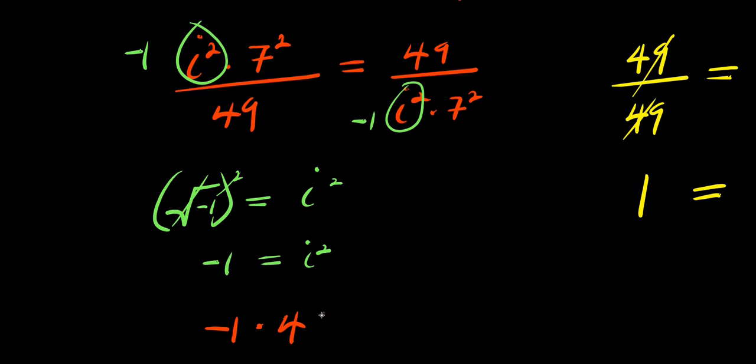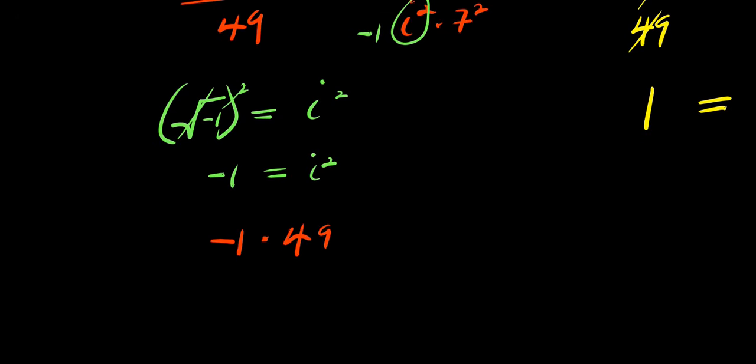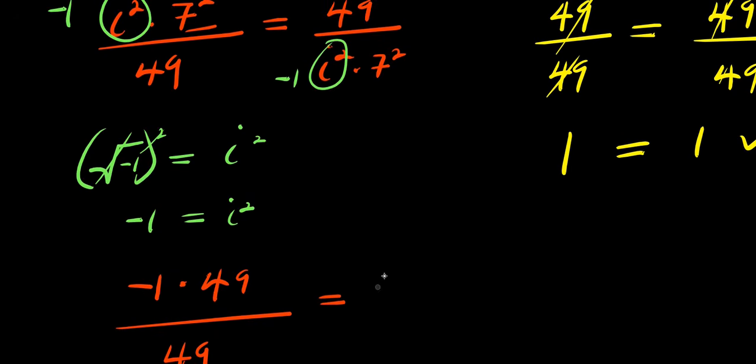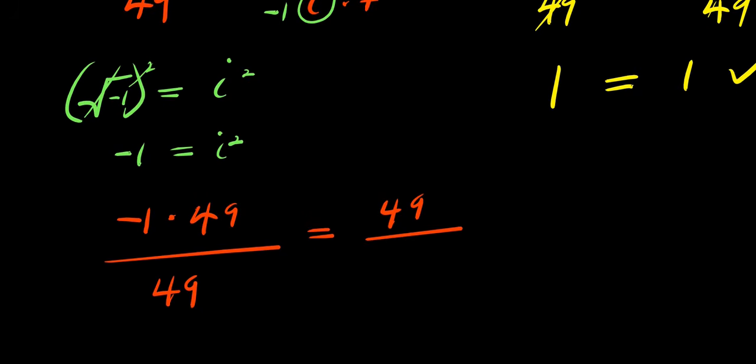times 49, because 7 squared is 49, divided by 49 equals 49 divided by negative 1 times 49 as well.